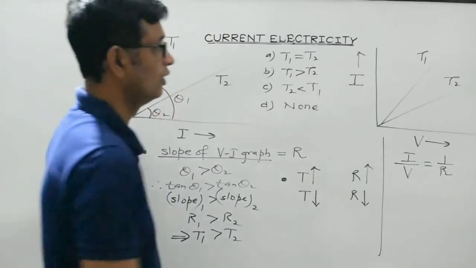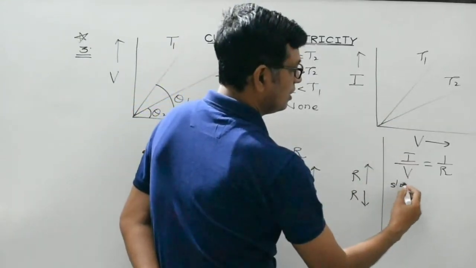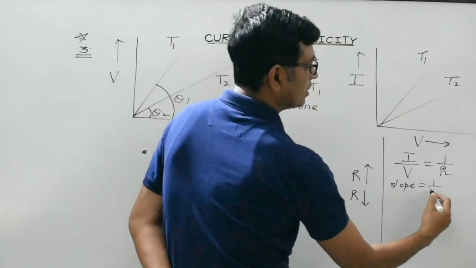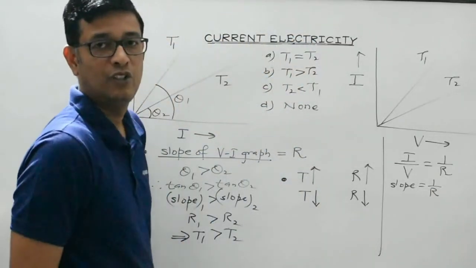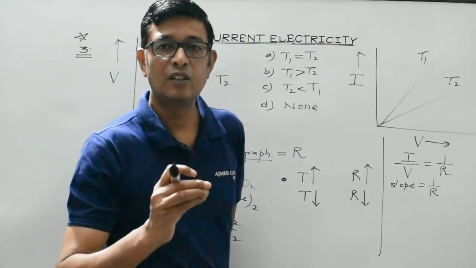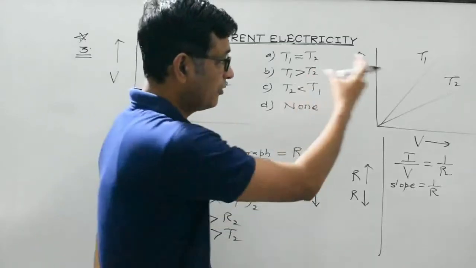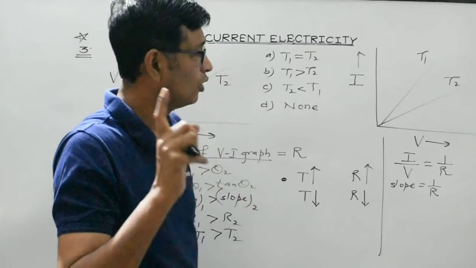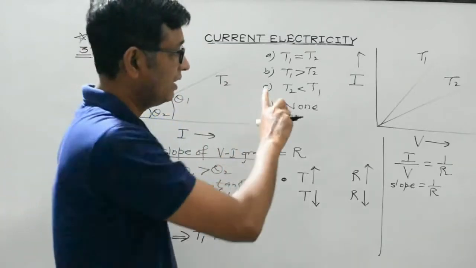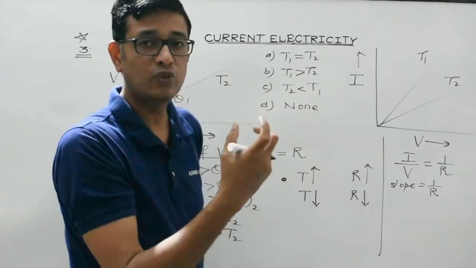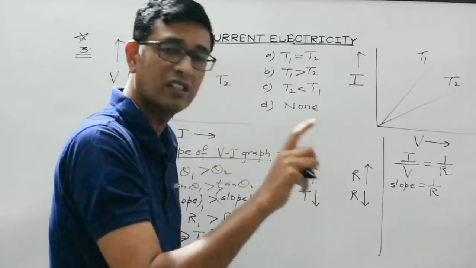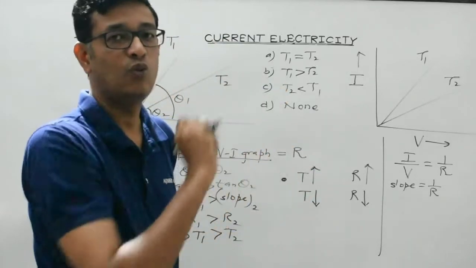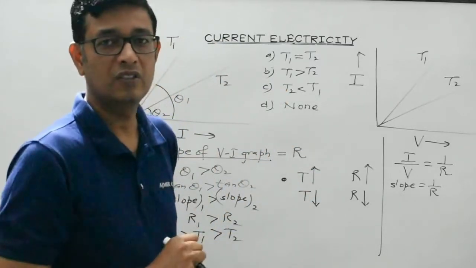So here the slope will give us the reciprocal of resistance. While attempting to conclude a graphical interpretation, always keep in mind the x-axis and y-axis, the physical quantities represented along the x direction and the y direction. That's very, very important.